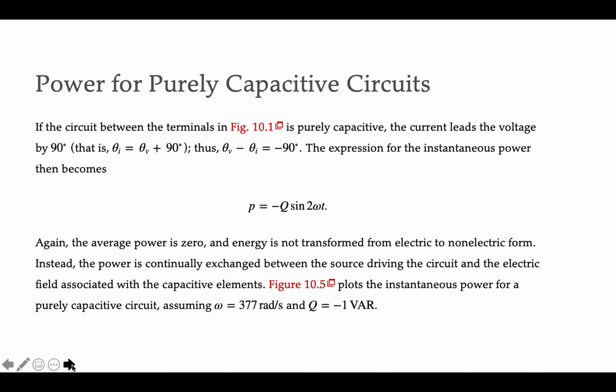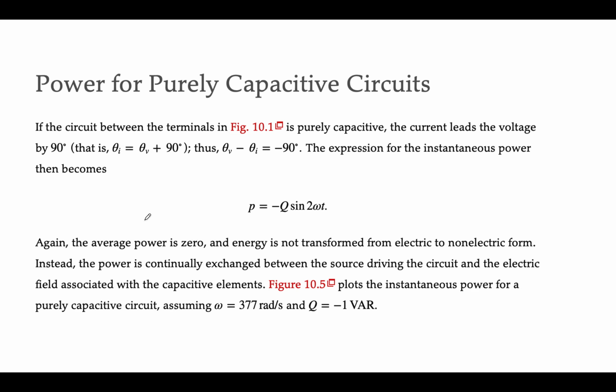For purely capacitive circuits, we have essentially the same thing, except in this case theta V minus theta I is equal to minus 90, and so when we calculate Q, we get minus 1 VAR. The average power, once again, is 0, and you end up with a purely reactive term.